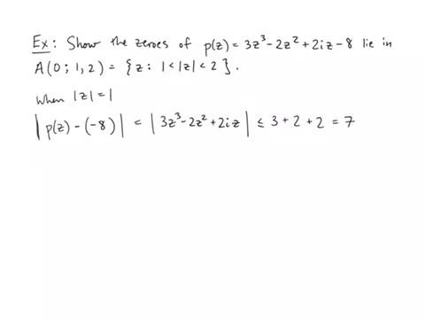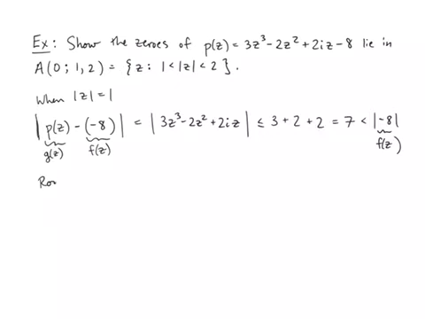And indeed, that is less than the norm of negative 8, right? So negative 8 here, that's our f of z, p of z is our g of z. So the norm of f of z minus g of z is less than the norm of f of z on the unit circle, right? So that means that inside the unit circle, they must have the same number of zeros.